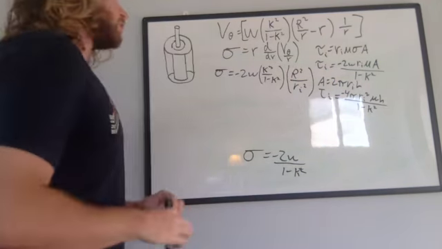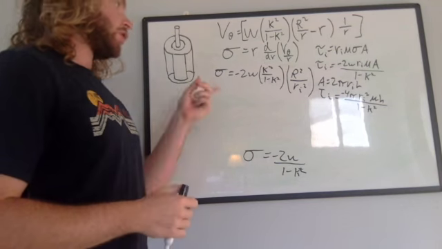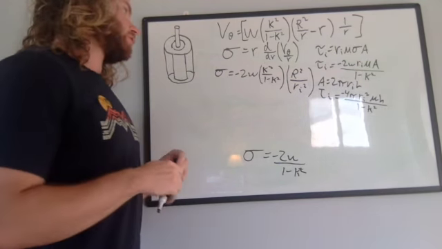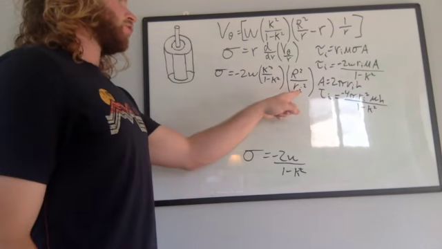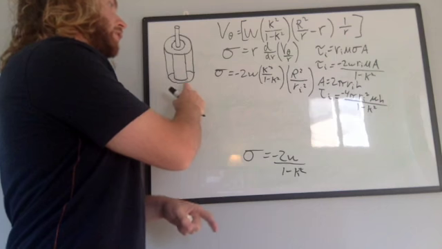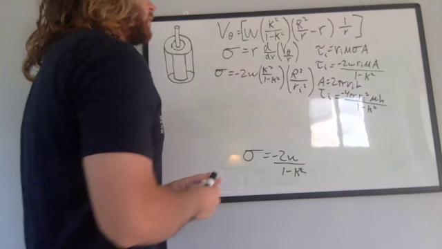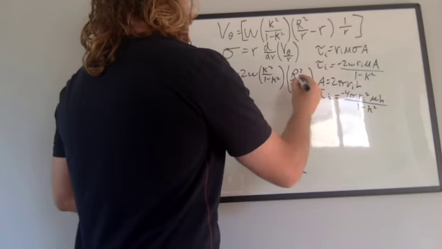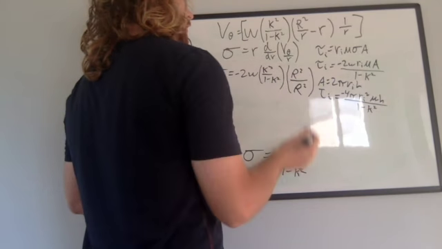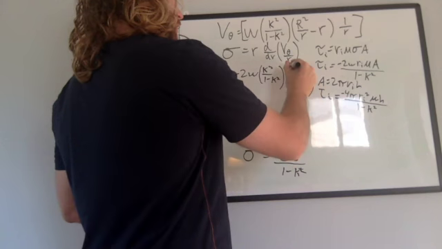Right, and then over here we had our big R squared over our Ri squared. And pretty much the only difference between the shear rate at our inner cylinder and our shear rate at our outer cylinder is going to be this parameter right here. This Ri is going to turn into just big R right here, because we're now looking at the radius of the outer cylinder, which is going to be equal to big R. So right here, these two terms are simply just going to cancel out.